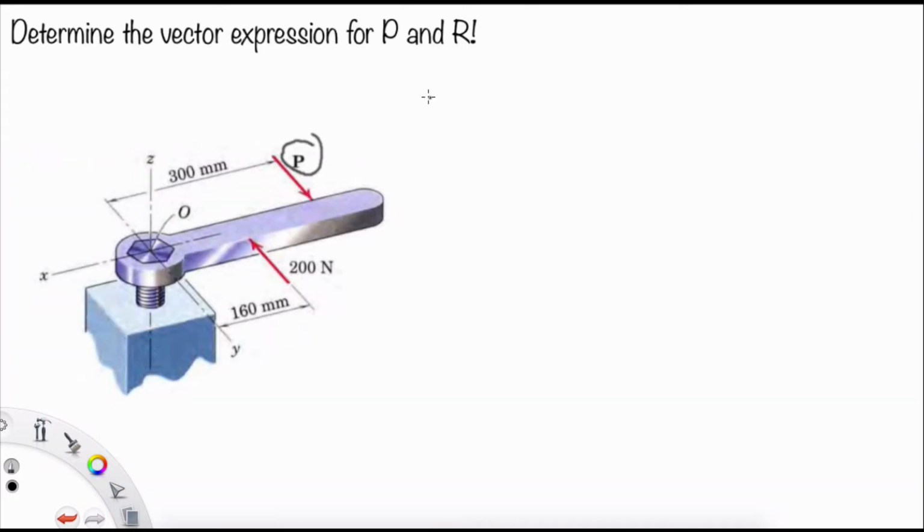So what is the first step of this? The first step is to find the value of P, and we will find the value of P by using the moment.